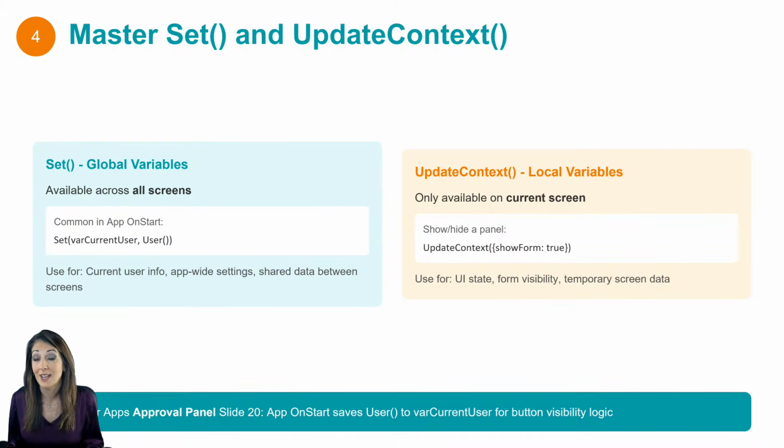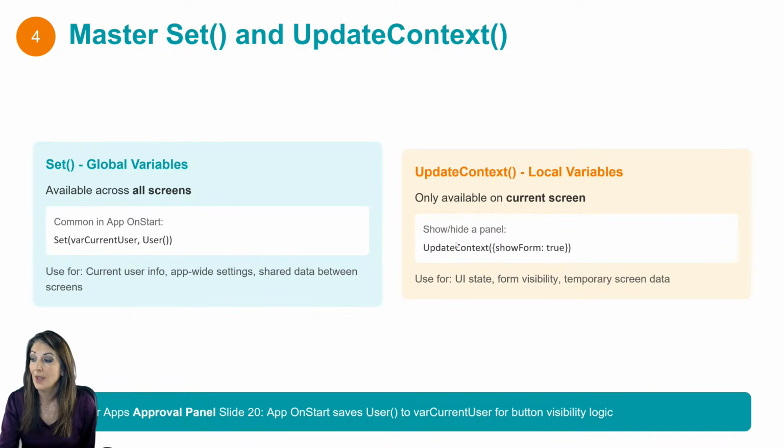And UpdateContext is a more succinct, more contained variable that's only used on a single screen. A common thing for global variables is to capture who the logged in user is right when the app opens. You can say Set, call your variable current user, and give it the User function, which grabs the information about the currently logged in user.